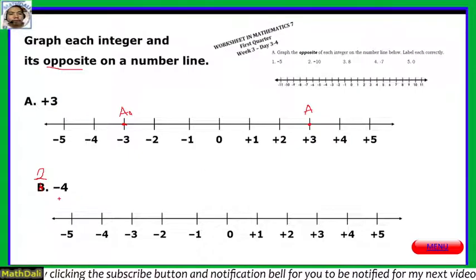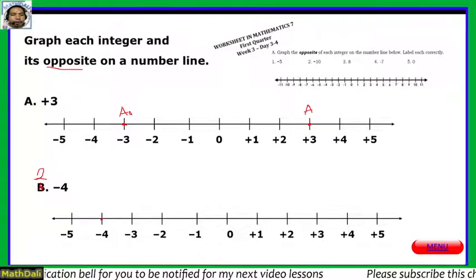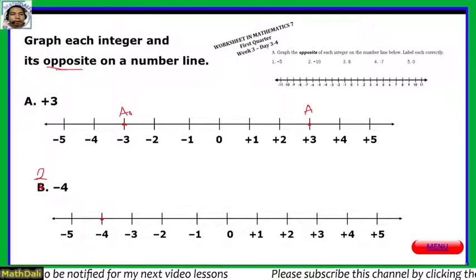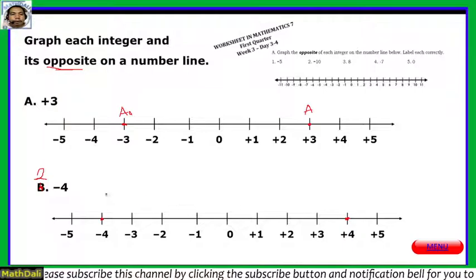Okay, so sa number 2, negative 4. Locate natin yan. Plot natin yan sa number line. Dito natin makikita, we have negative 4. Then, yung kanyang opposite, ang opposite ng negative 4 ay positive 4. I-plot din natin siya dito. Then, label natin to as 2.